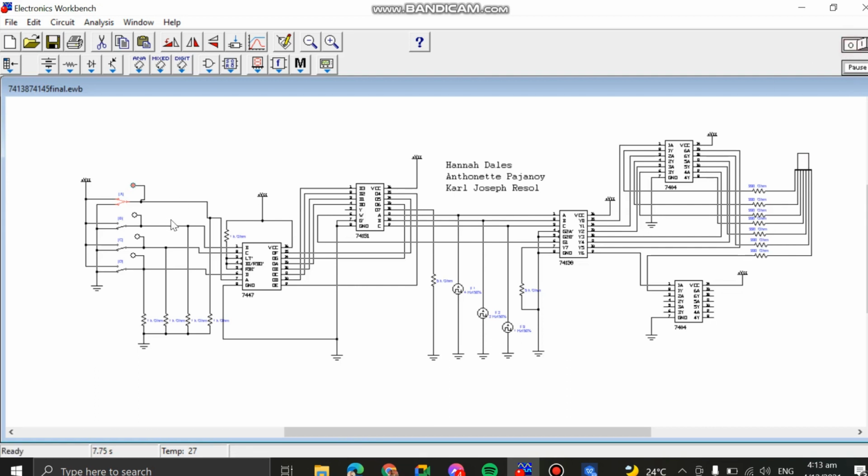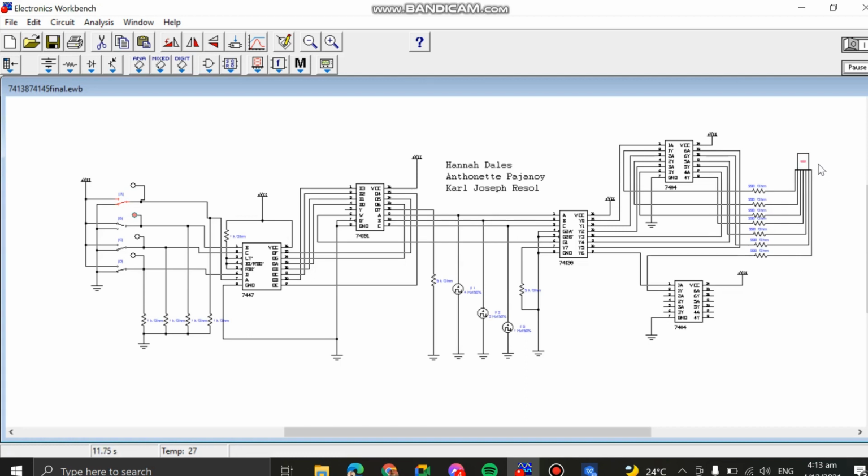For number 2, the high configuration is in letter B. For letter B, that will show number 2 in our 7-segment display. The active segments are A, B, D, E, and G.